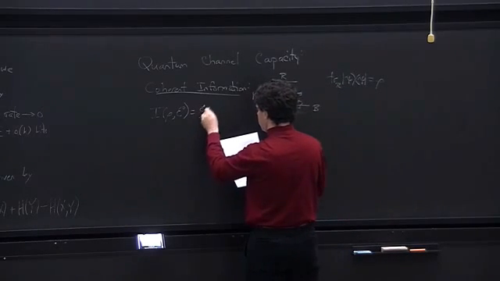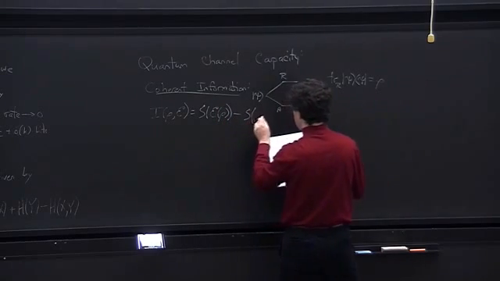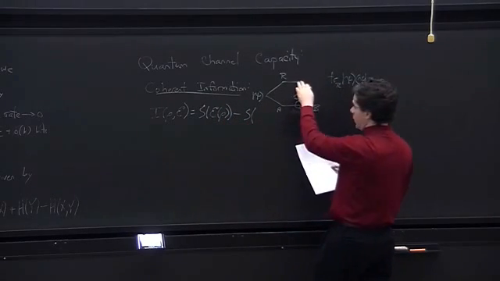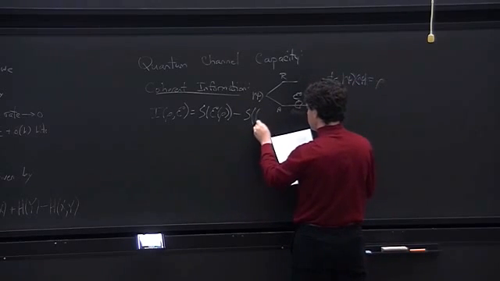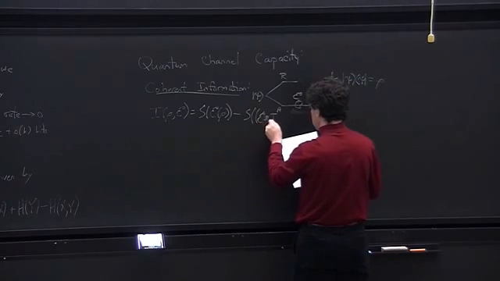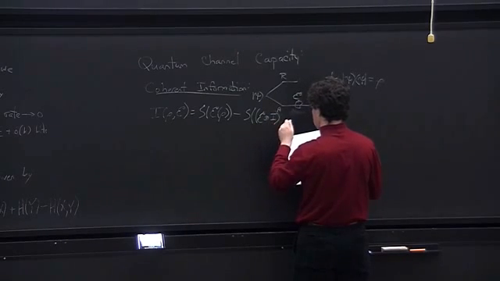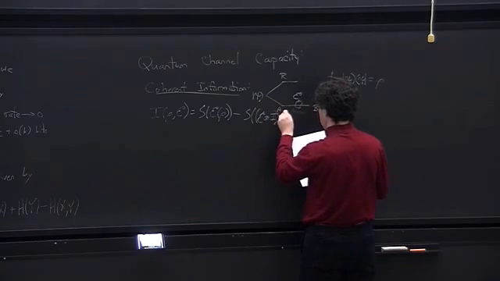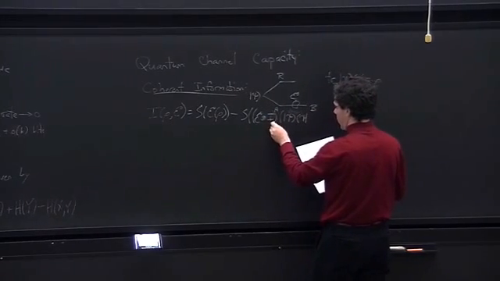The coherent information is equal to S of E of rho minus S of this whole output state, which is E tensor I of psi, where E is acting on the second system.